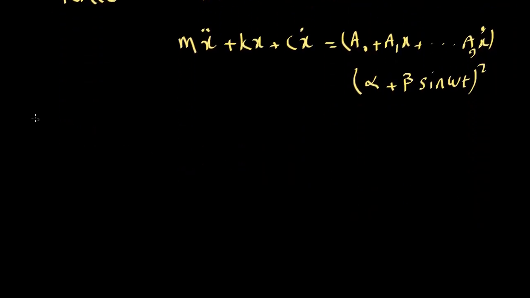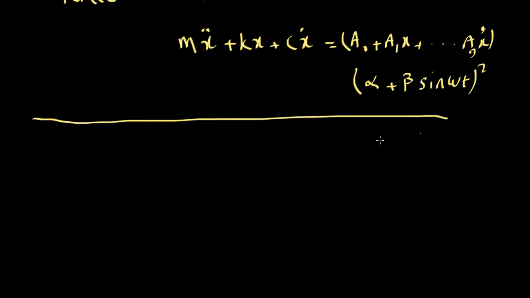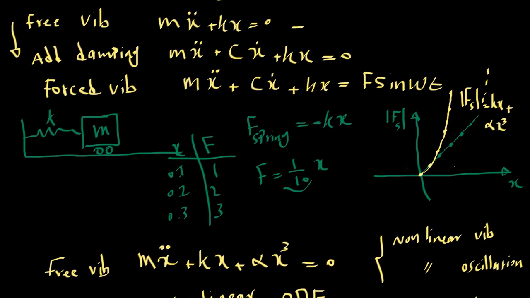Another progress after this, the next logical step, would be this. A better way to say it: so far we have assumed that all the masses and all the springs in the system are separated from each other. Basically, we have assumed that the mass is rigid and the spring is massless.